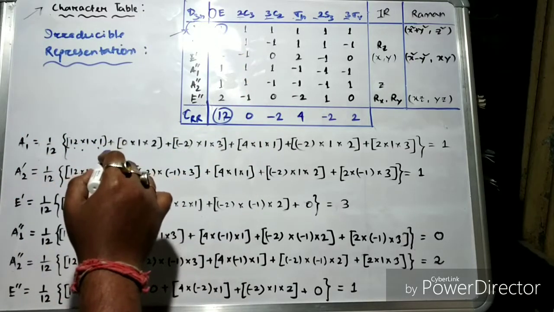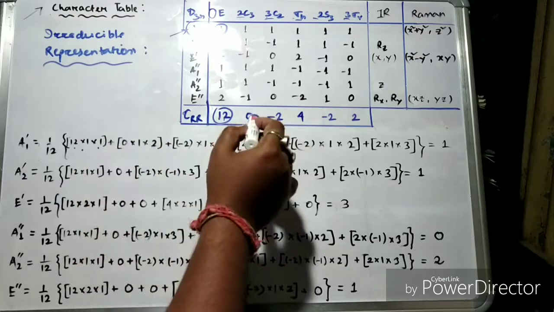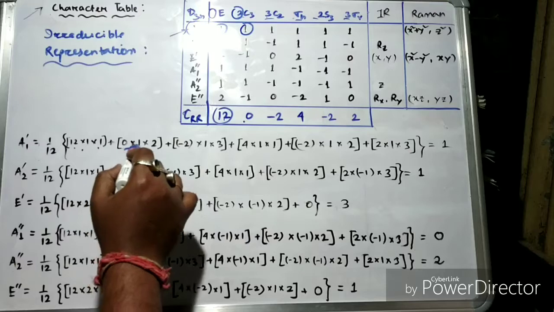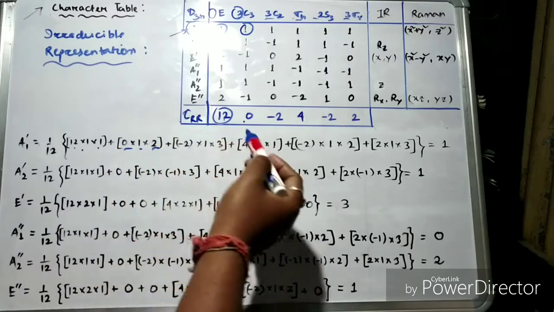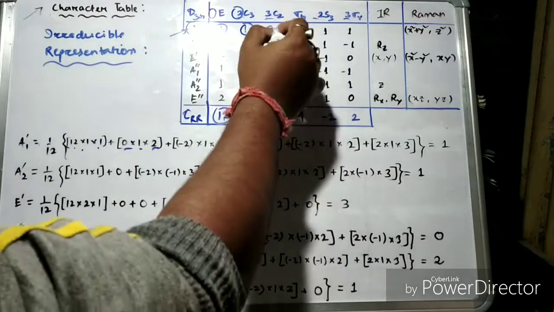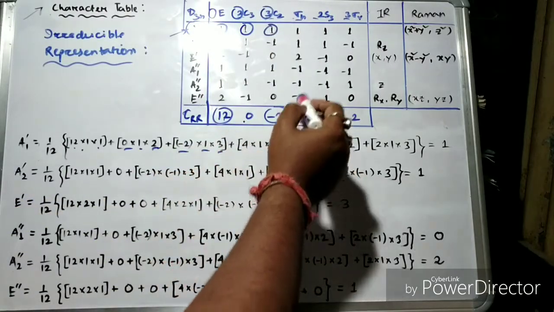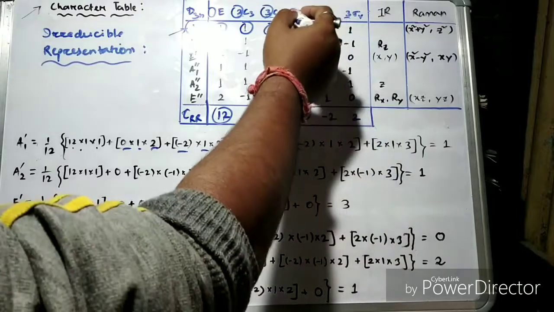Then we have to sum, and we will multiply 0 into 1 into 2. Next it will be minus 2 into 1 into 3, then it will be 4 into 1 into 1.